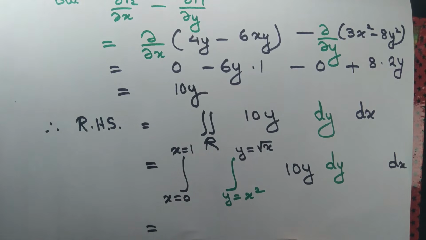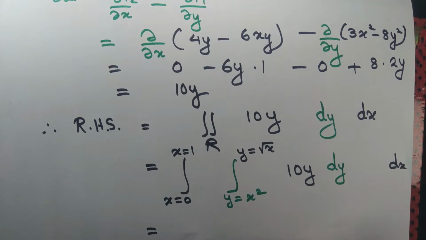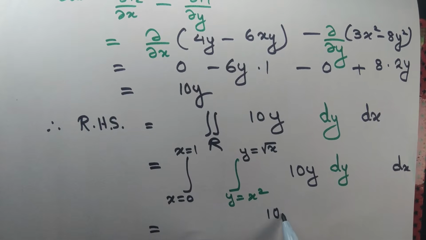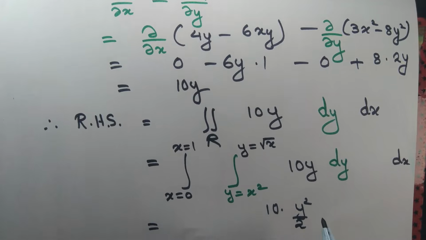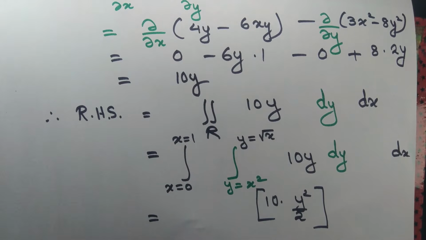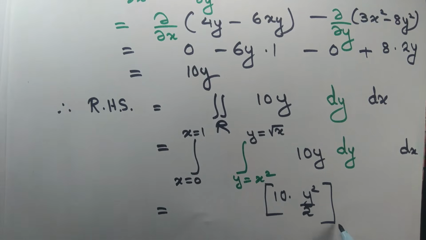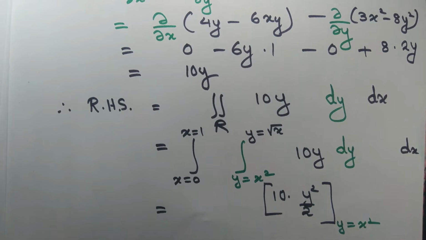Now we know that the integral of 10y with respect to y is 10 into y square by 2. Your y is changing from y equal to x square to y equal to root x.